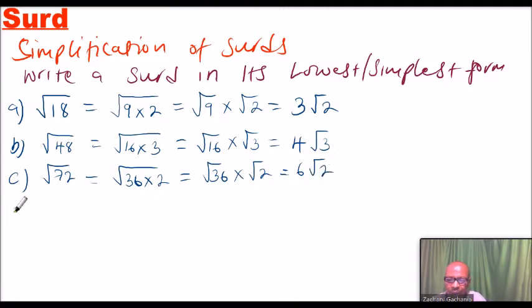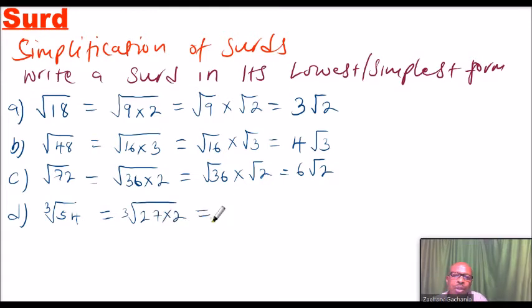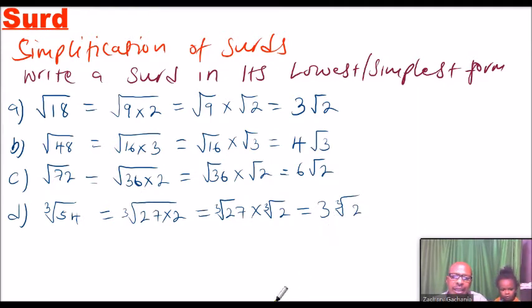And we can also have D, the cube root of 54. This is the cube root of 27 multiplied by 2, which you can write as the cube root of 27 multiplied by the cube root of 2. The cube root of 27 is 3. You multiply by the cube root of 2, and that is its simplest form.